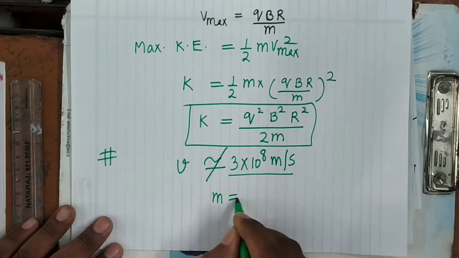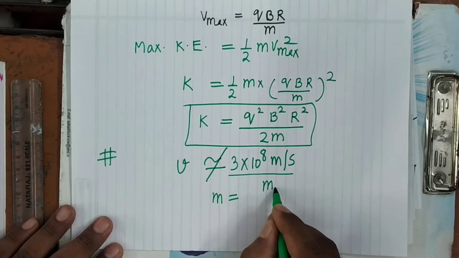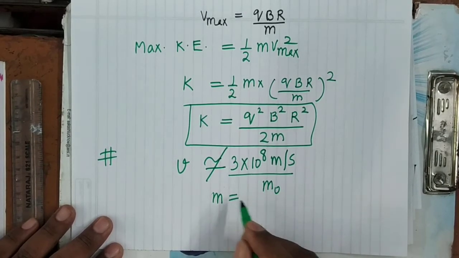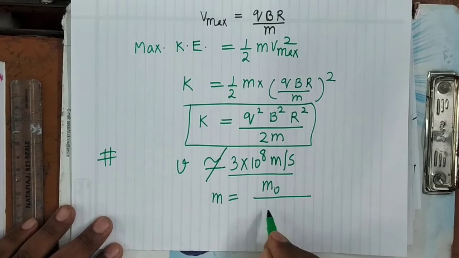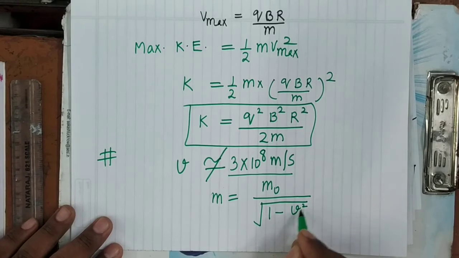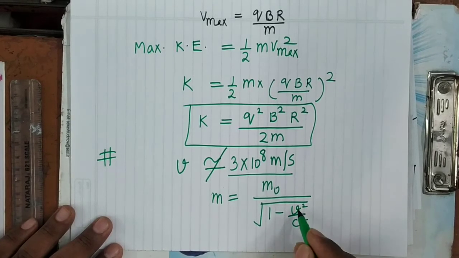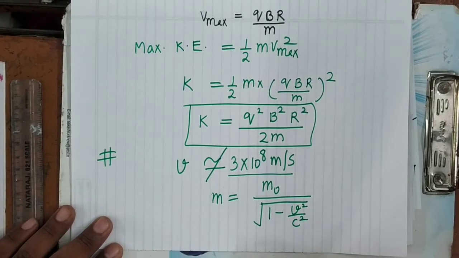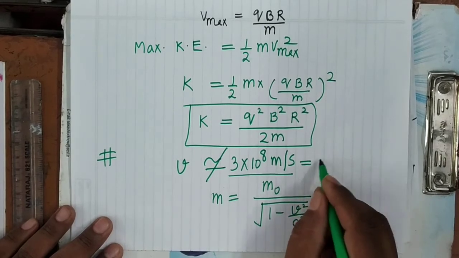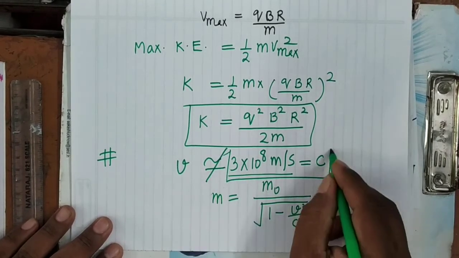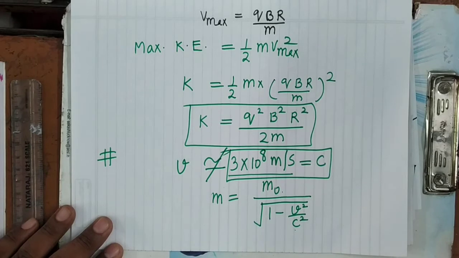As we know, the relativistic mass during the motion is given by m naught upon root of 1 minus v square upon c square, where v is the velocity of the moving particle, c is the speed of light, which we represent by 3 into 10 power 8 meter per second, and m naught is the rest mass, which is because of the matter.